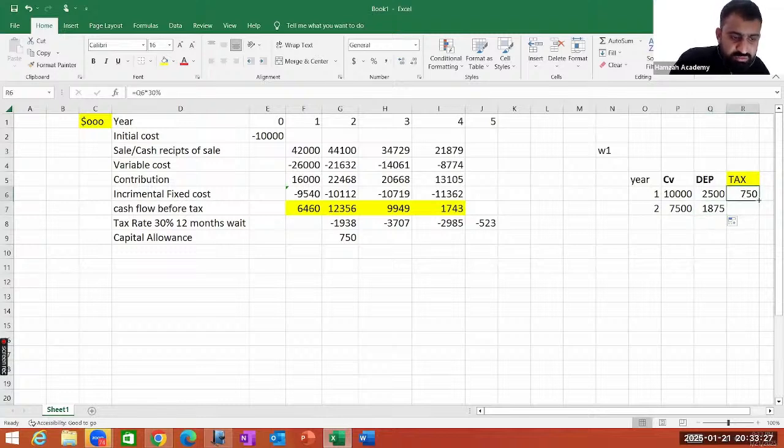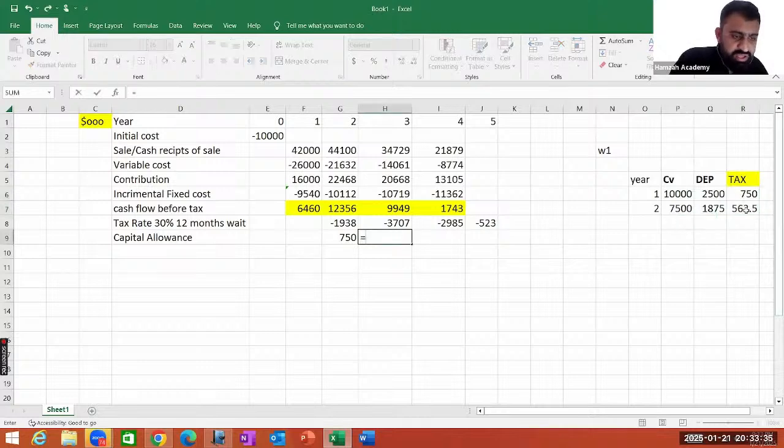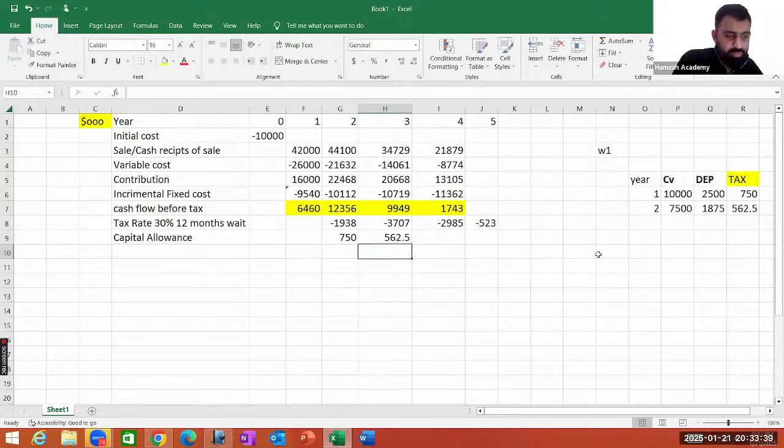And on 1,875, you will apply the 30%. So the second year tax relief, which you will claim in year three, will be 562.5. If you round it, it is 563.